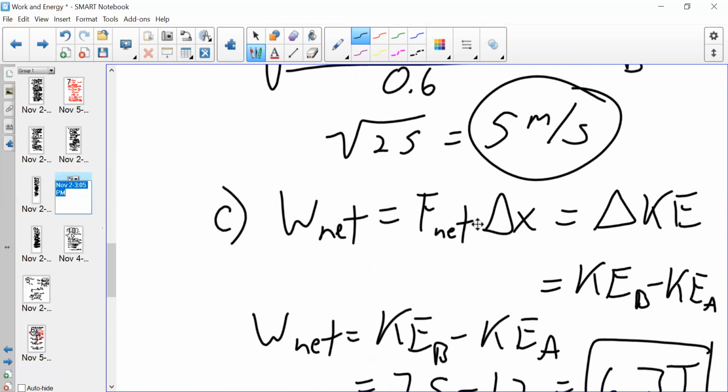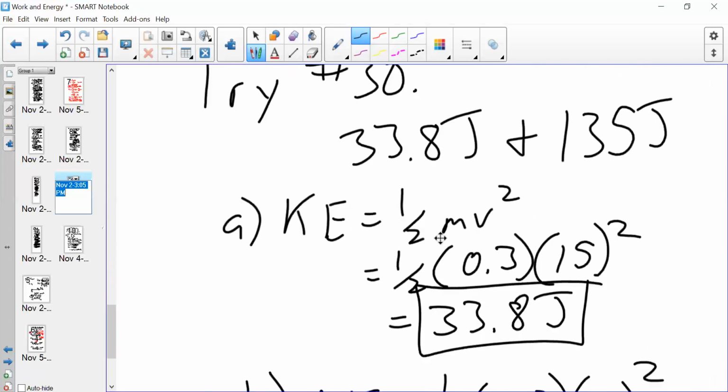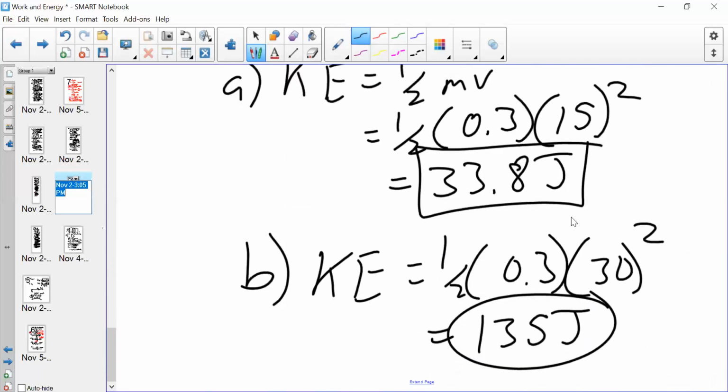We can find force. Find everything. And since the force wasn't constant, it's not going to be a constant velocity. You can find acceleration. So all that. Questions? We did 30, same thing, same logic.